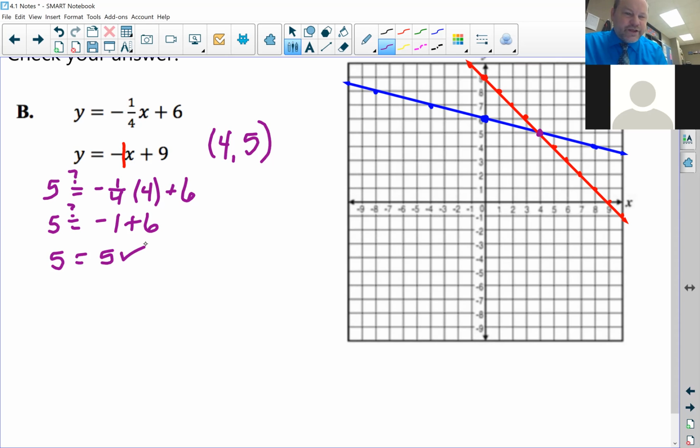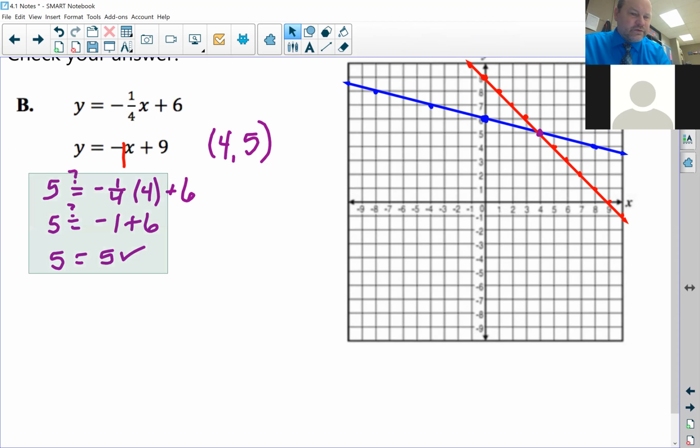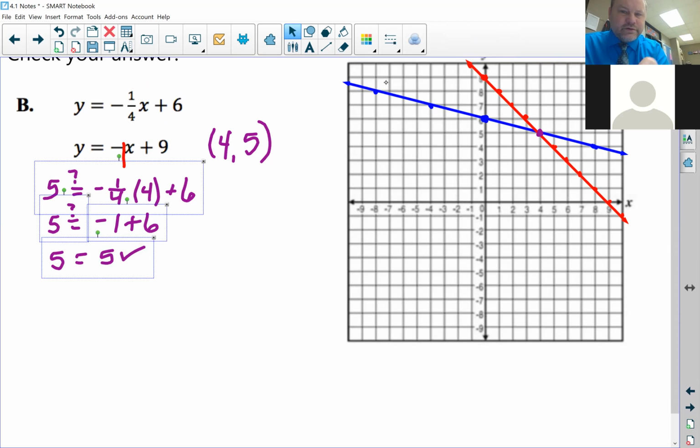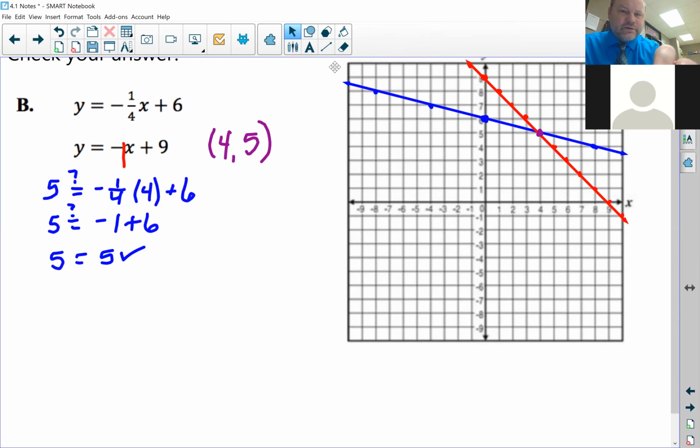The second equation actually checks much easier. It checks a little bit easier because of that negative that's in front of the x.